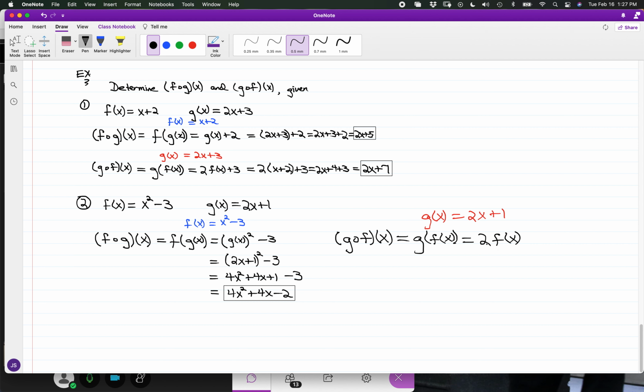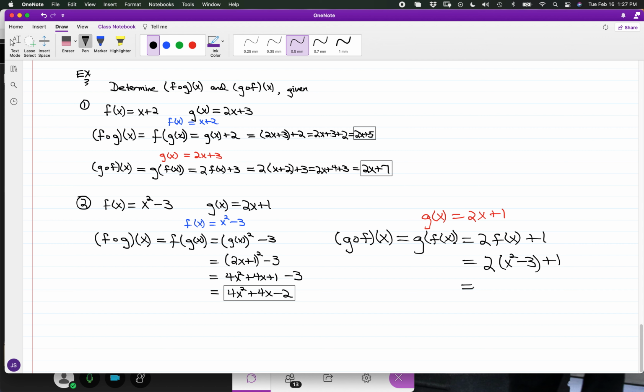2 times the input followed by the addition of 1. Now, in the variable expression, what is f of x? F of x is x squared minus 3. So here, 2 times f of x is going to be 2 times all of x squared minus 3, followed by the addition of 1.